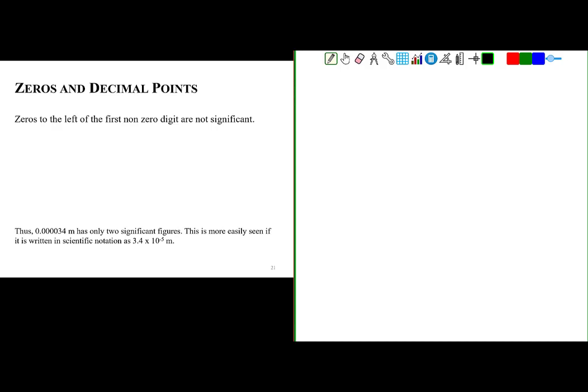Zeros to the left of the first non-zero digit are insignificant. Well, let's take the number 0.01 meters. So both of these zeros are before the first non-zero digit. So both of those zeros are considered to be insignificant, which means that this number has only one significant digit.